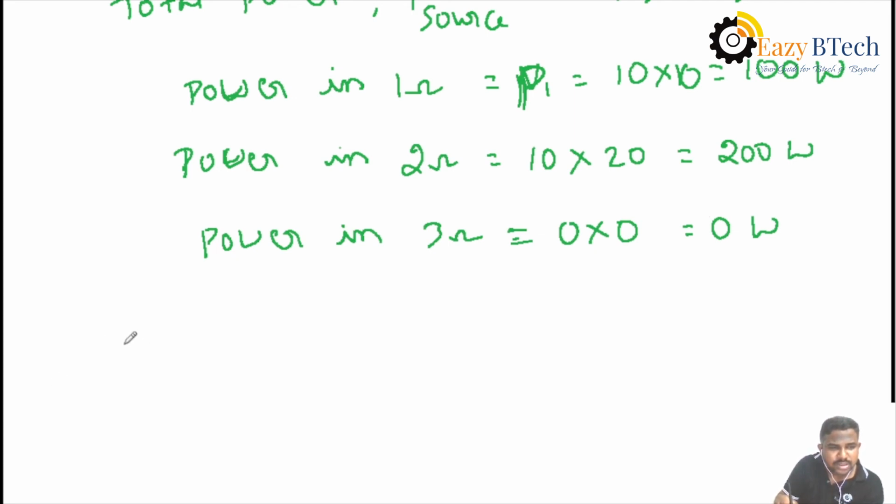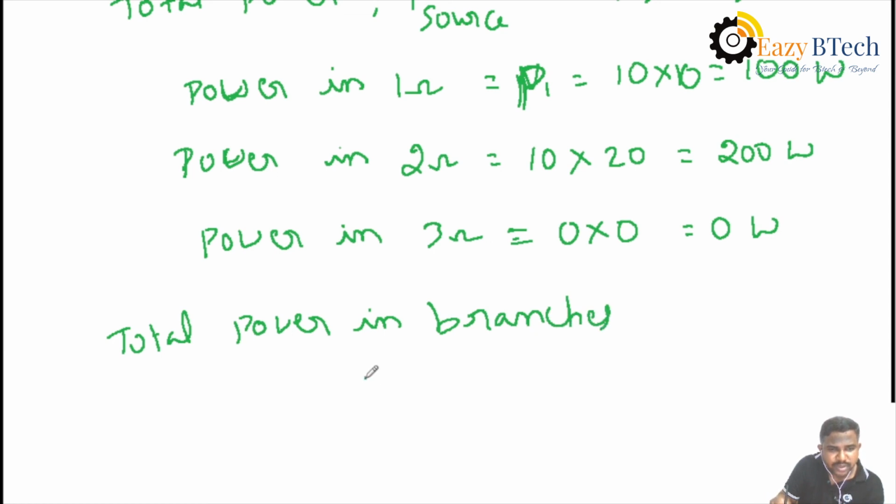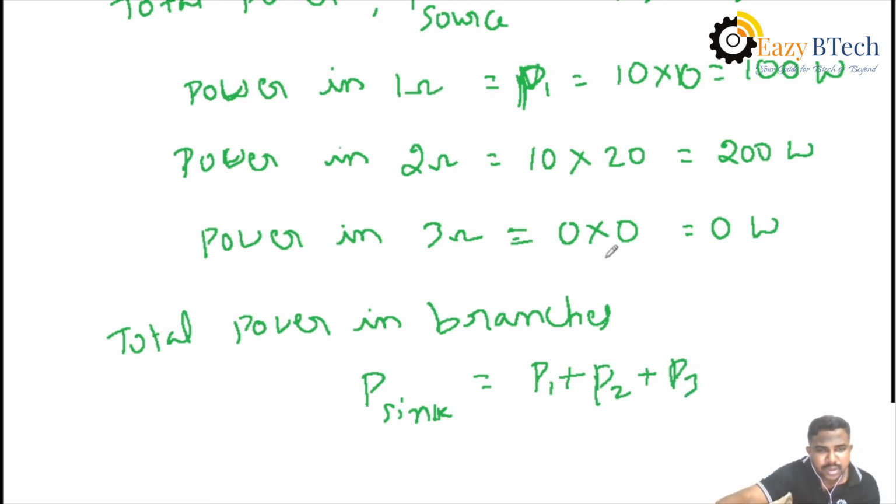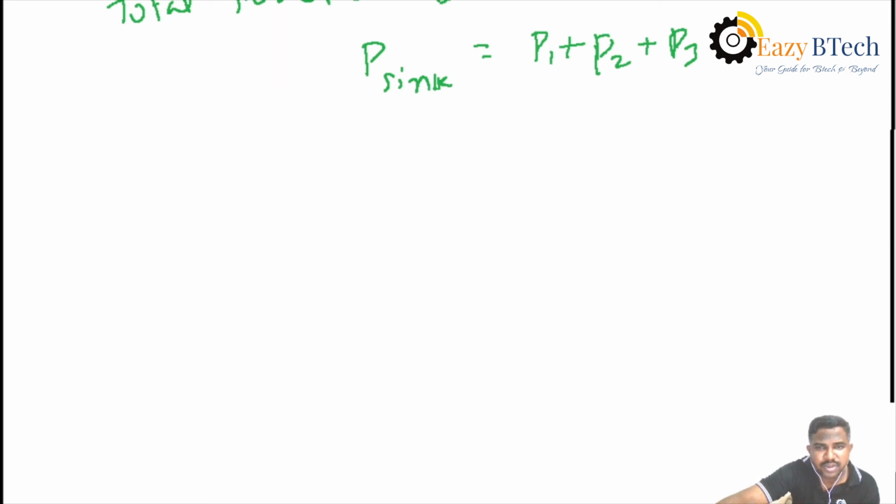Therefore, what is the total power? The total power in branches, you can add all the branch power values. We can call that P sink, that is, the absorbed power value. That is P1 plus P2 plus P3. Then what is the value of P1?